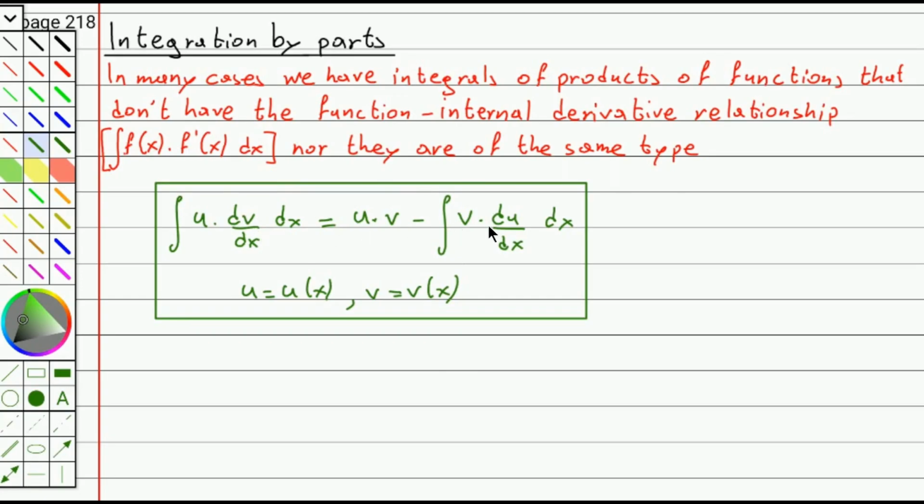From the definition of the technique, you can see that the u function is going to be differentiated, whereas v is going to be integrated. So u should be easily differentiable, whereas dv over dx dx should be easily integratable. Effectively we have a priority on which function of the two in the product to take as u.